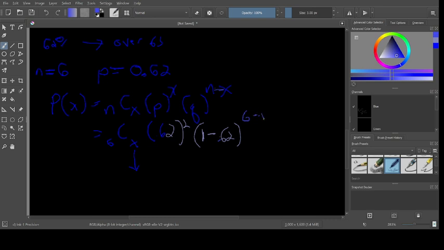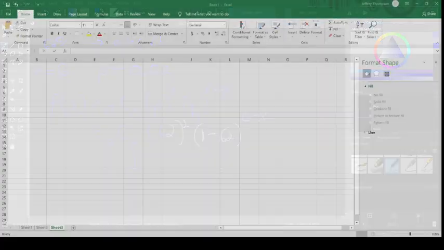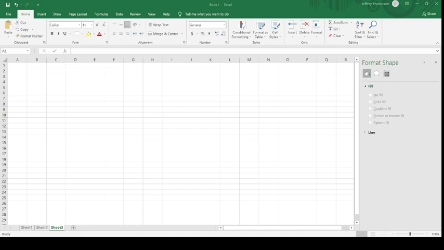Now again, we can use the formula to create this, but I'm going to create it in Excel, and then we're going to let Excel graph it for us. So I'll come over to a workbook here and make room for our data. Our x values, since there are 6 trials, can be 0 successes all the way up to 6 successes.